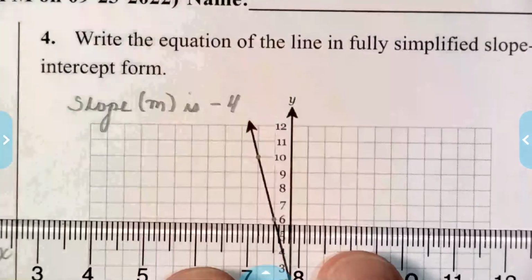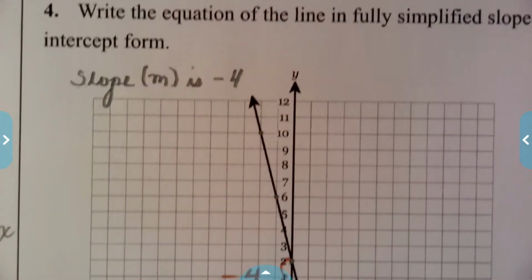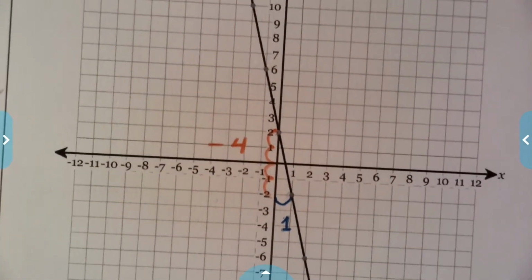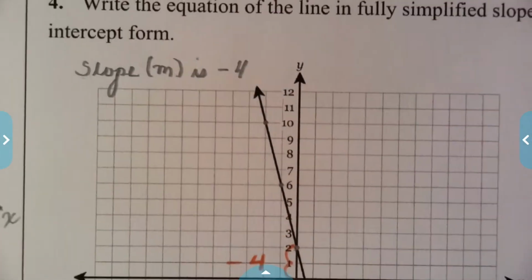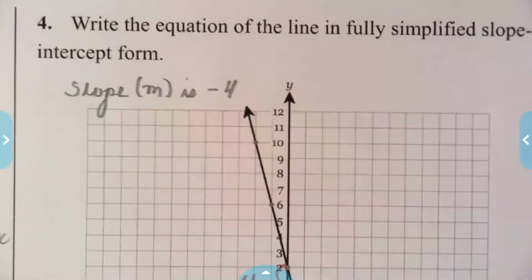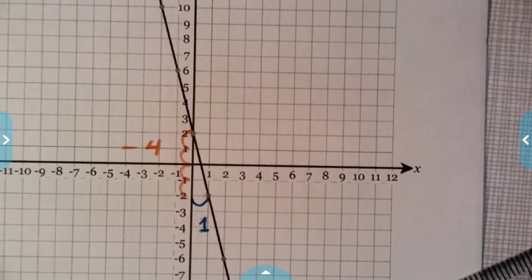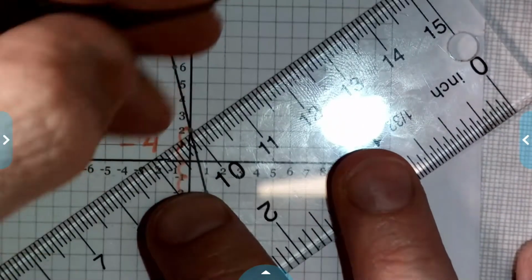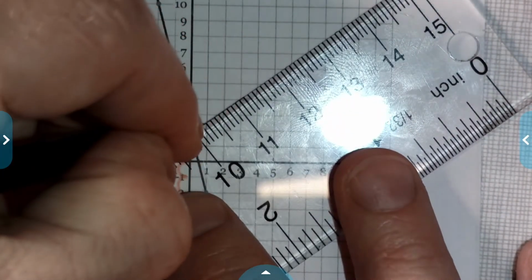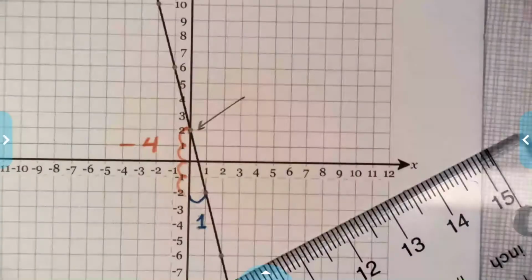Okay. And the only other thing we need to create an equation like this is the y-intercept. And the y-intercept is right here. That's the y-intercept right there.